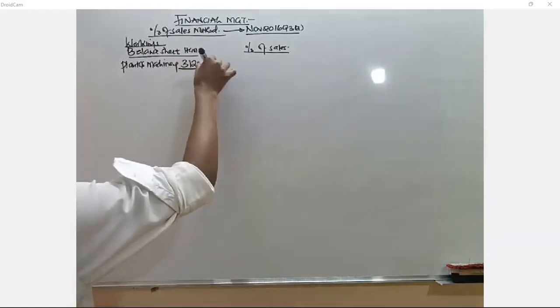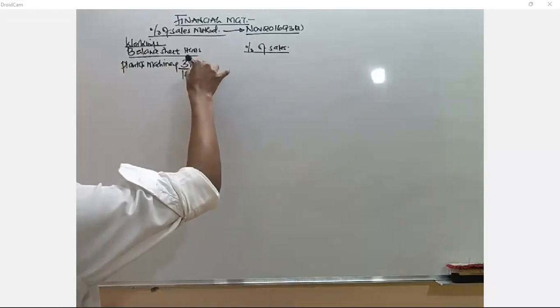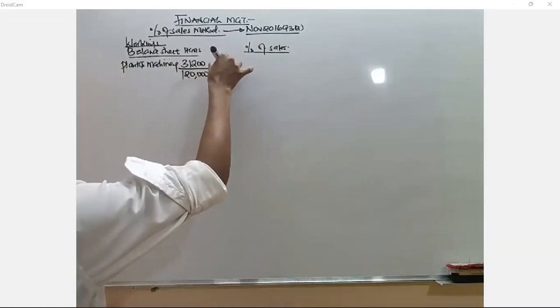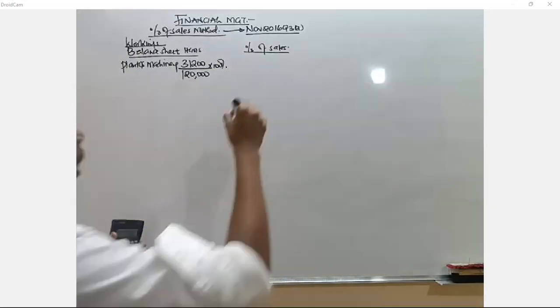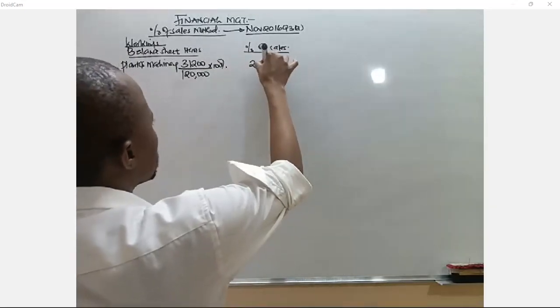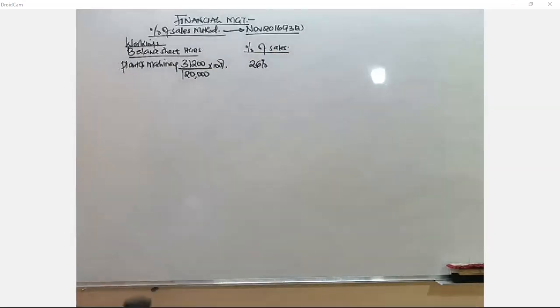In additional information number 1, we have been told that the sales for the year ended 31 December 2015 amounted to 120,000. So I just need to divide by 120,000 times 100%. So how much is this? It is 31,200 divided by 120,000, getting 26%.